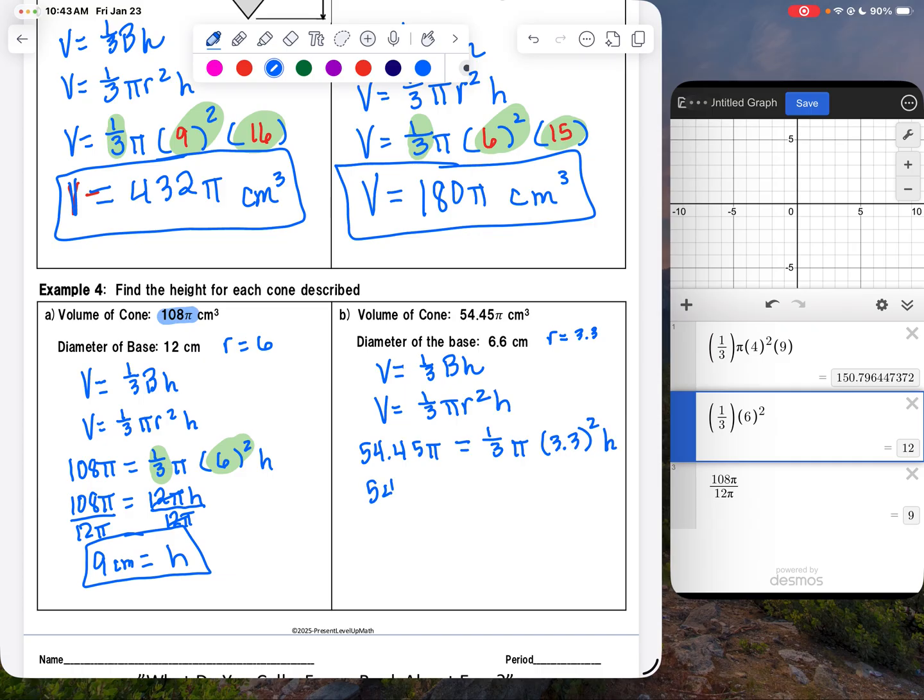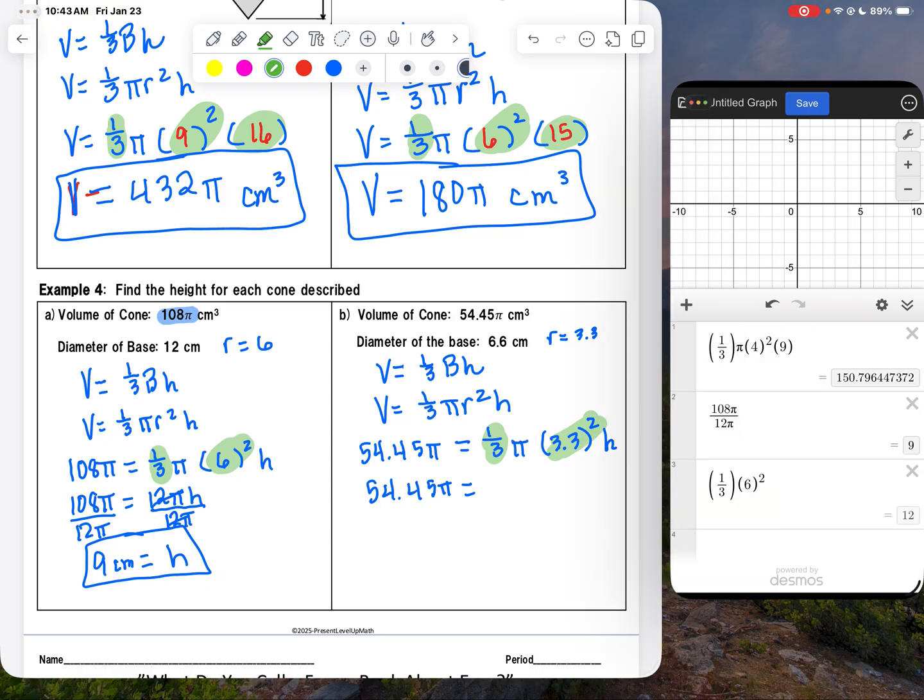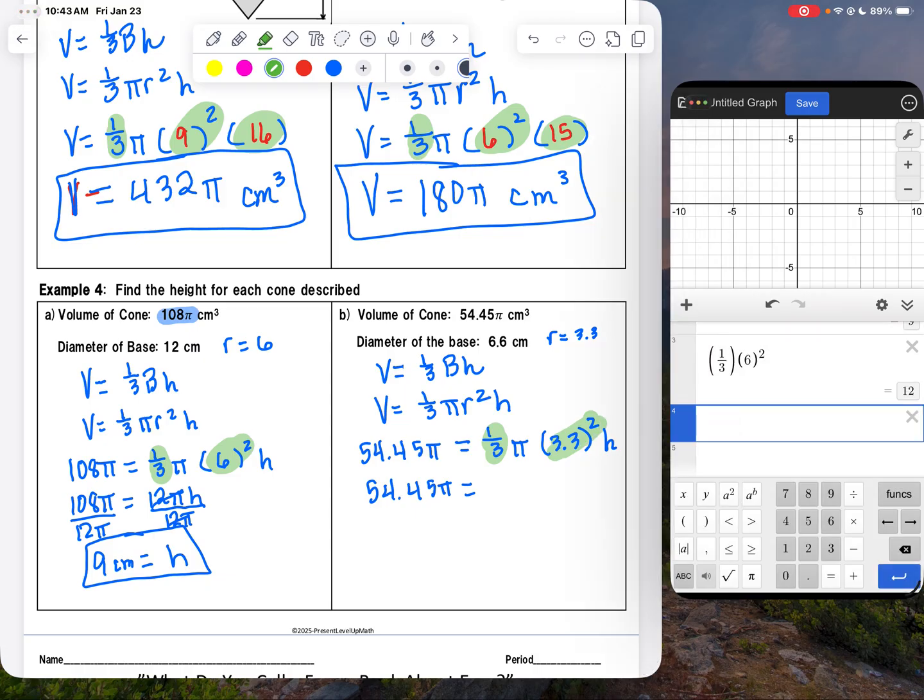Now, there's nothing I can do to simplify the left side, so I'll write it down, 54.45 pi. On the right side, I can simplify it a little bit by multiplying 1/3 times 3.3 squared. So let's try that. I can just edit this up here, change the 6 to 3.3. Okay.